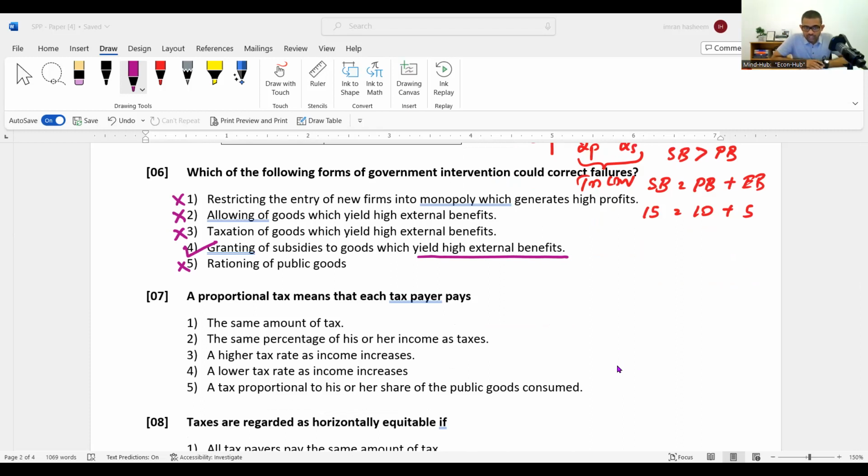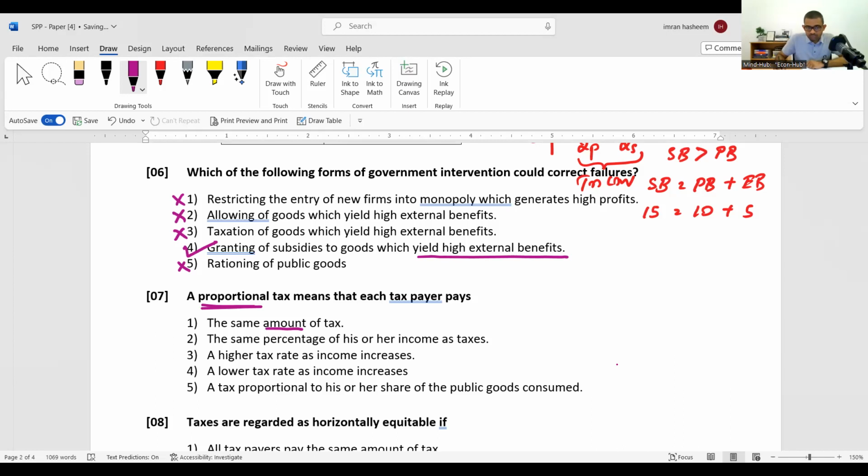A proportional tax means that each taxpayer pays the same percentage. Even though the tax base changes, income changes, the percentage doesn't change. Same amount of tax? No. The problem is the amount; we are not saying amount, we are taking the percentage. Get it? The proportion is the same.